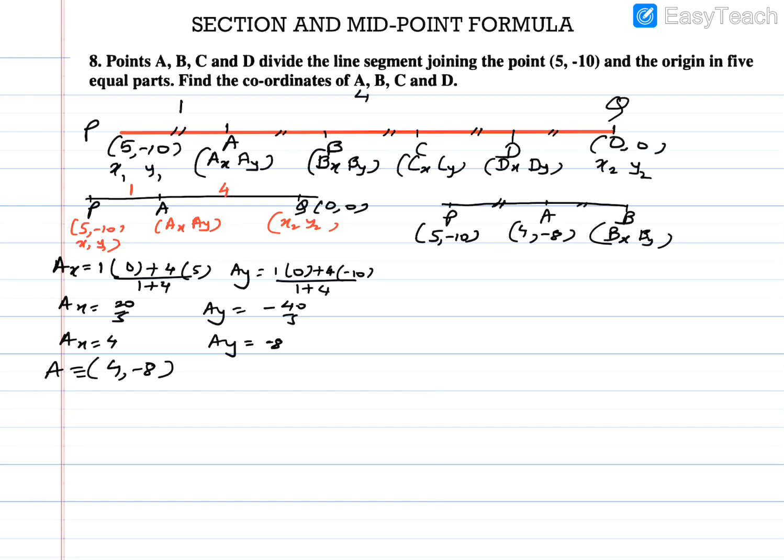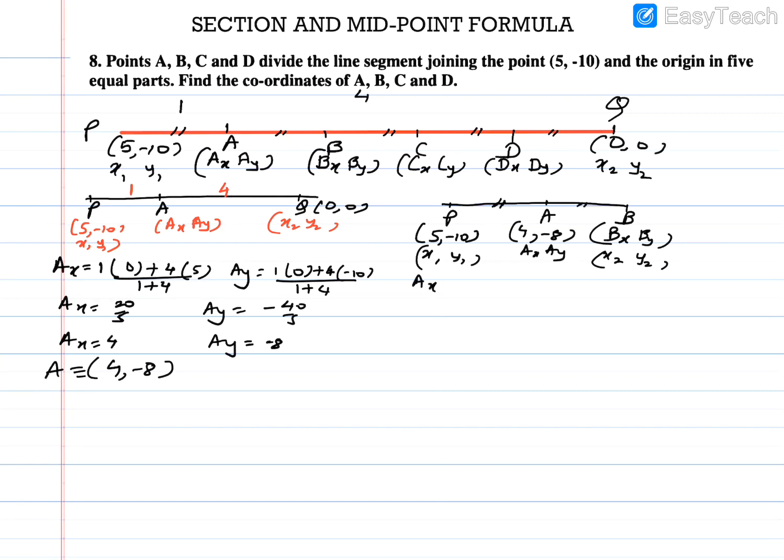You can use the midpoint formula to find the value of BX and BY. What is the midpoint formula? This is x1, this is y1, this is x2, this is y2, and we are having AX and AY.